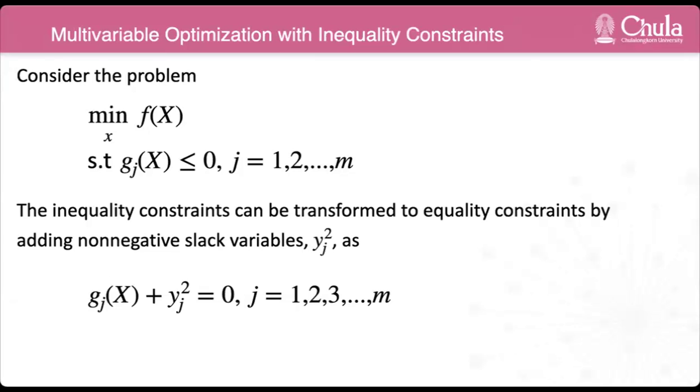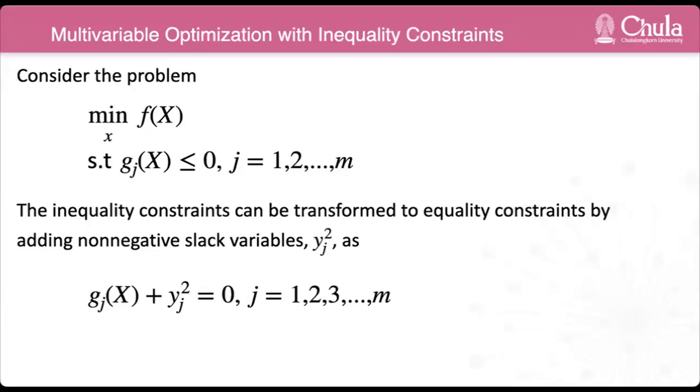But if it's active, if it's binding, this relation becomes equal. That means it becomes an equality constraint, right? Okay, so we don't know beforehand that this constraint is active or not.